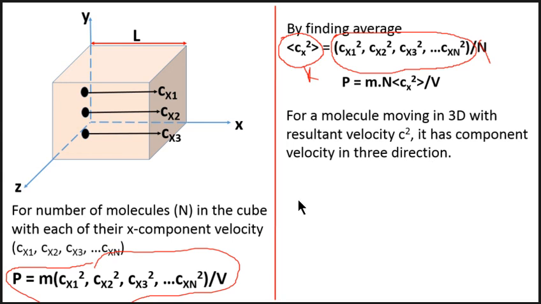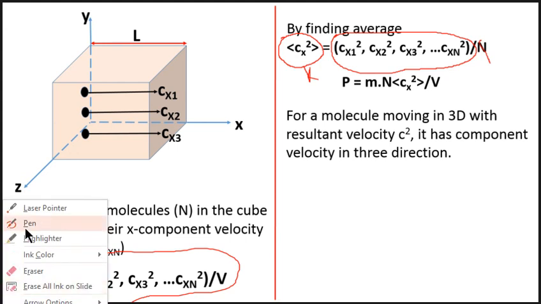Let's assume that this molecule right here is the only molecule in this container, while these other 2 are not there. Now we are considering the movement of this molecule in x direction, then in y direction, and then in z direction.